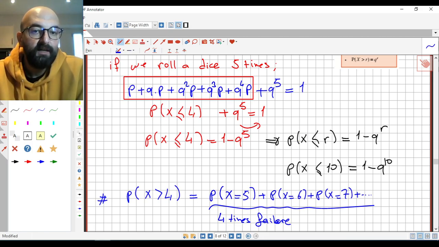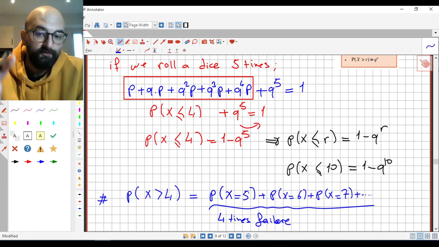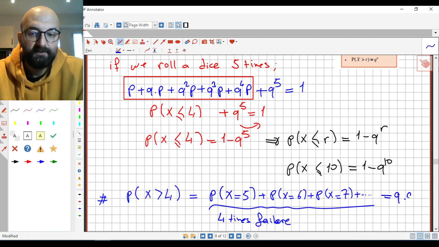It means we have to come across failure in the first 4 trials. So it is the first trial failure, the second trial failure, the third trial failure, and the fourth trial failure, and it is q to the power of 4.